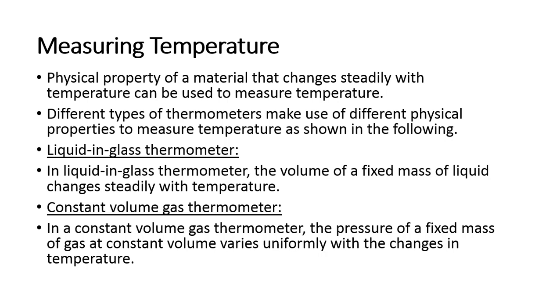For example, liquids will be expanding, and gases will be expanding when the temperature is high, but when the temperature cools down, they will contract. So the gas and the liquid are not changing their nature, it is still that gas and liquid, but the physical property is changing, and with the help of that change we can detect a temperature.